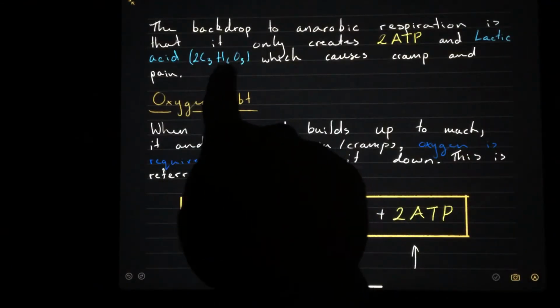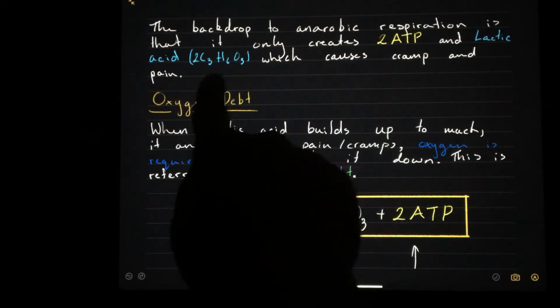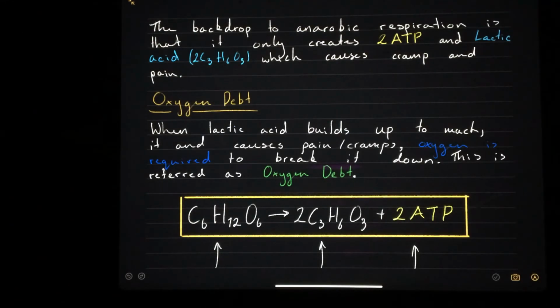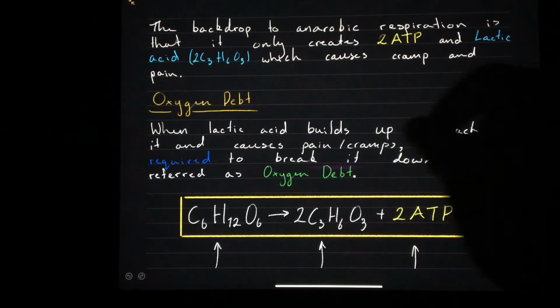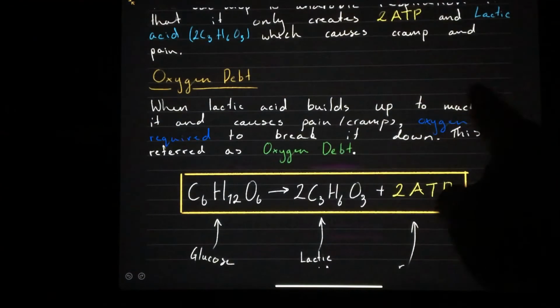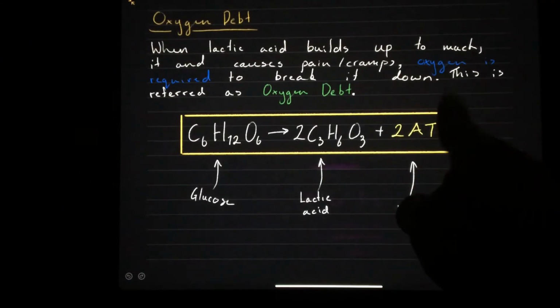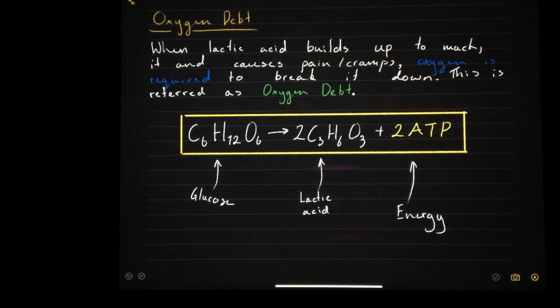And you do have to know the formula for lactic acid, which is C3H6O3. So, once it leaves, there is this concept biologists use, which is oxygen debt.